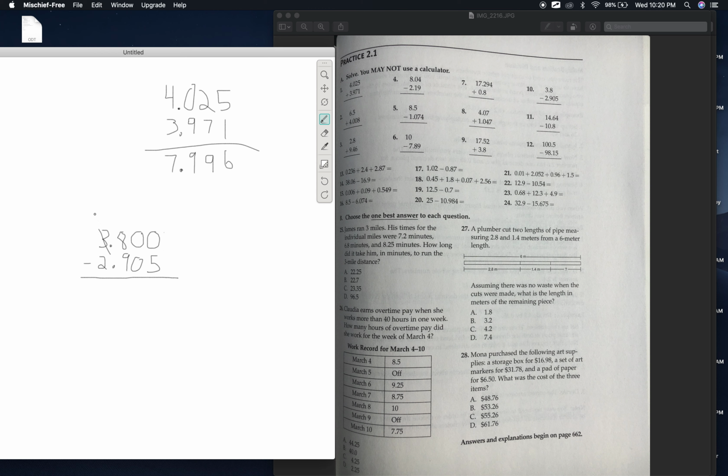Okay, so 3, borrow from there, make that a 2. And this becomes 18. But we need to borrow from that 18. Okay, so this becomes a 17. And put the 1 there. Now this becomes a 10.